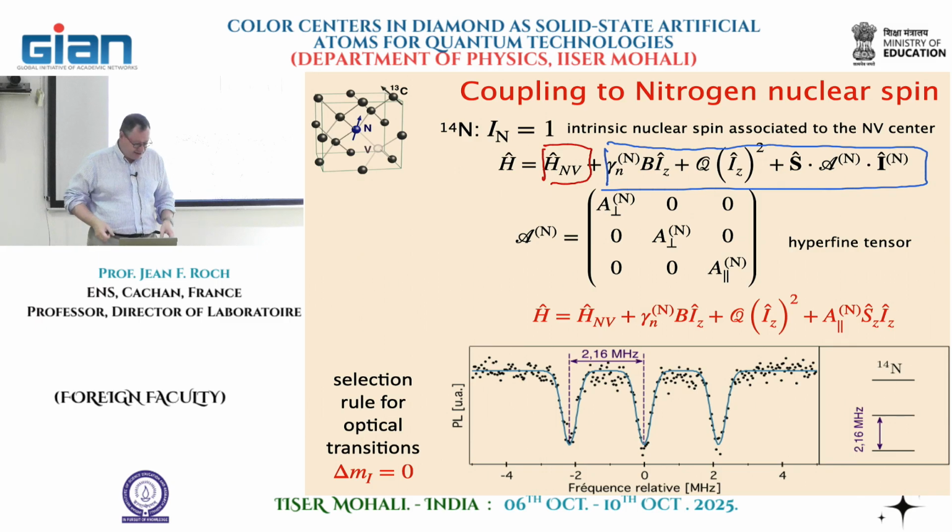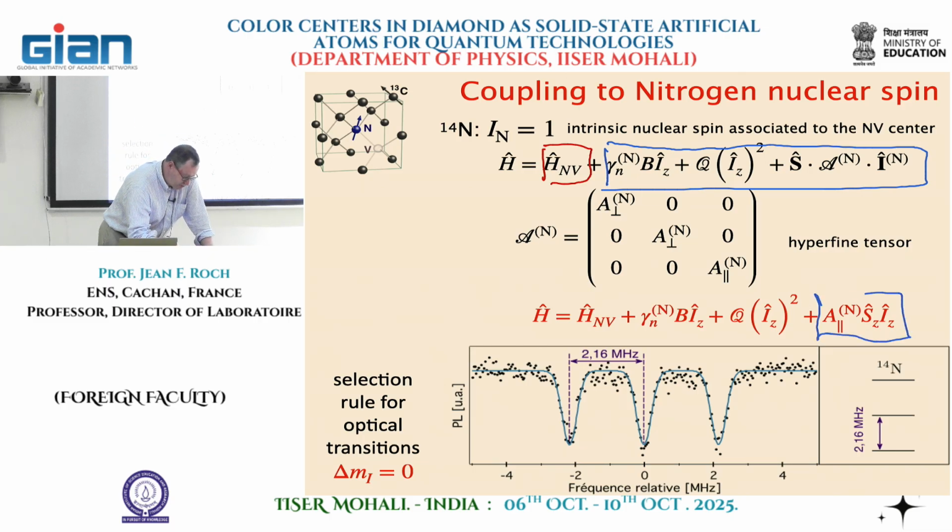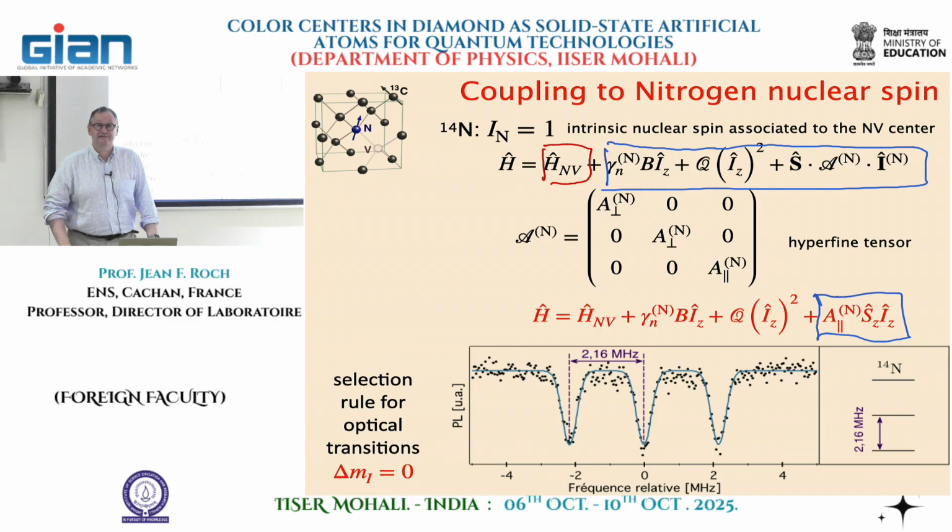So the hyperfine interaction is very, very strong. And you can show that, using the secular approximation, where you only conserve the resonant term, the term that matters is the longitudinal coupling. So the Hamiltonian will be fixed by this.